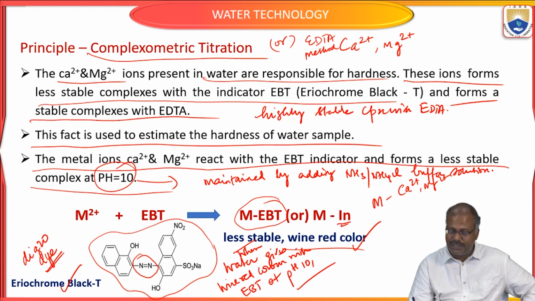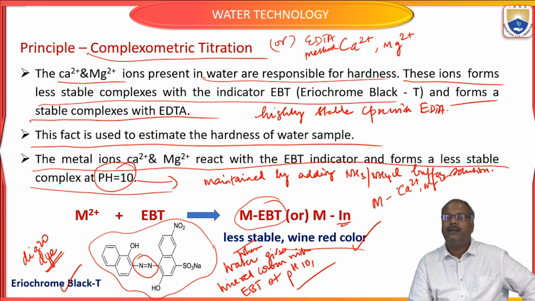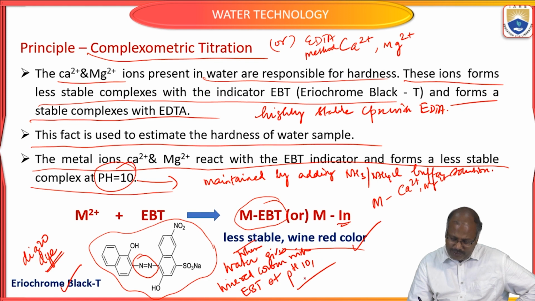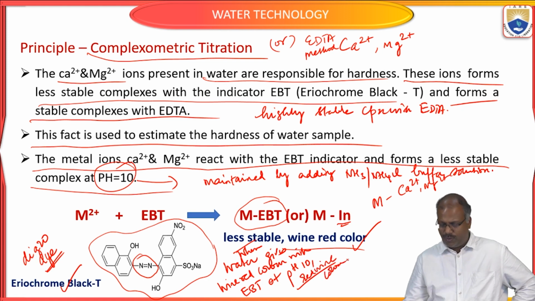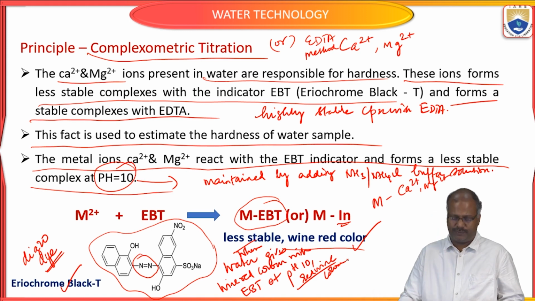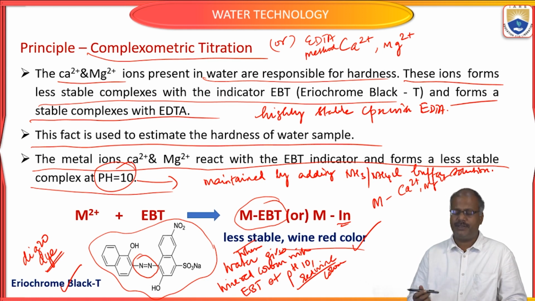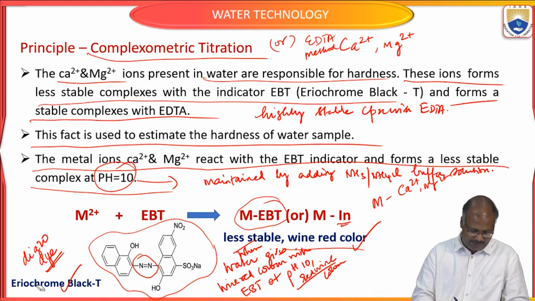Only if calcium and magnesium ions are present in excess will this wine red color come. So this is the indication that the water we are using is hard water. It contains a lot of magnesium and calcium ions. Hardness is more.